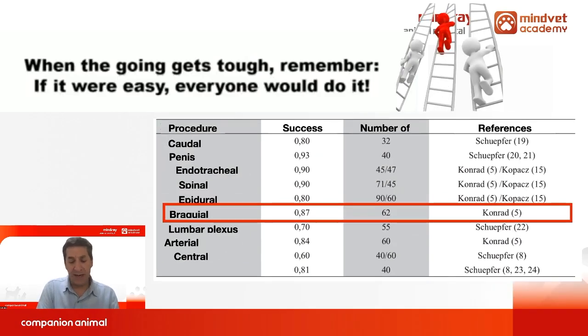Here again, now for the brachial plexus, 62 to reach almost 90% of success. For us veterinarians, perhaps it's a little bit hard because physicians always have specialists or trained people teaching them every single day how to do it.